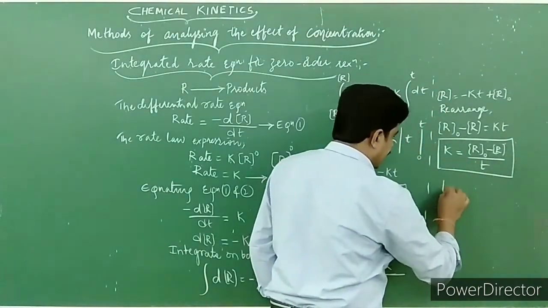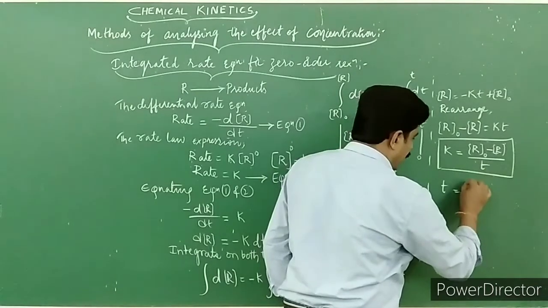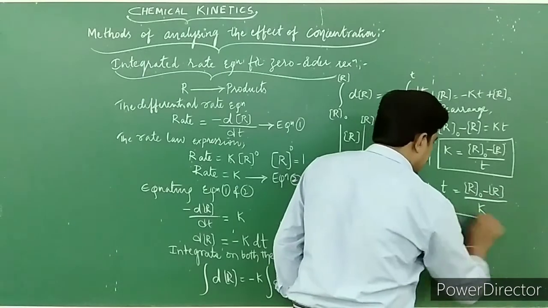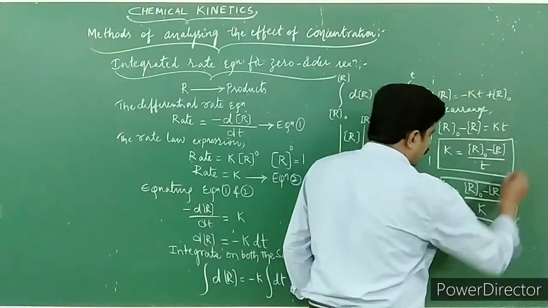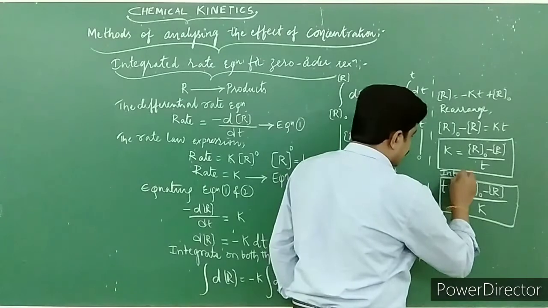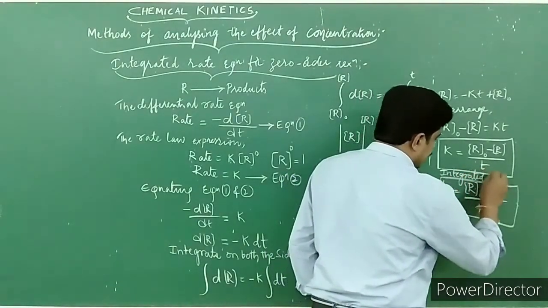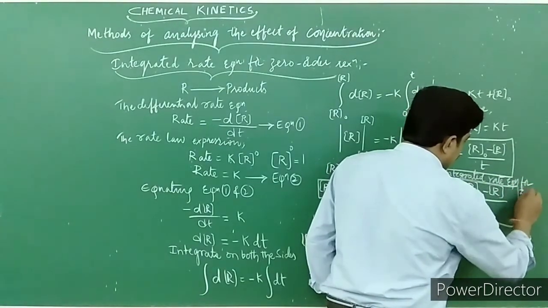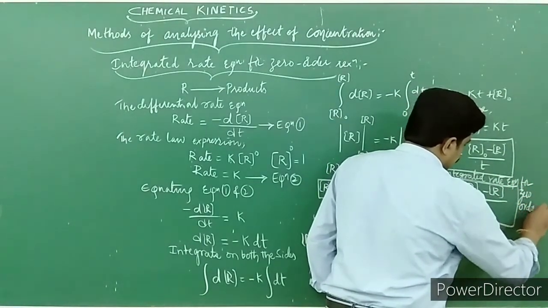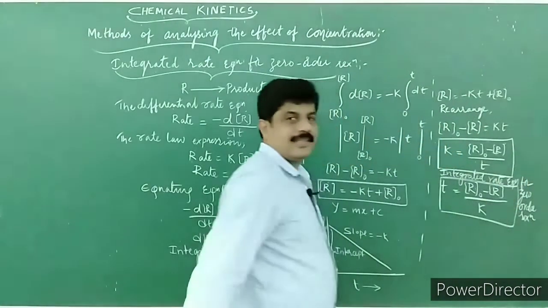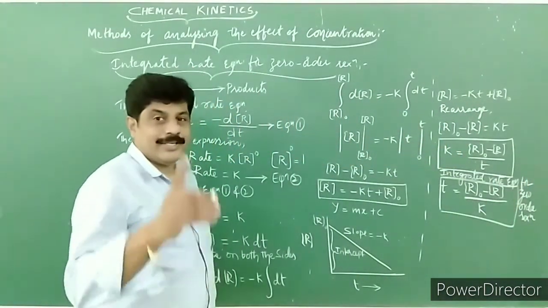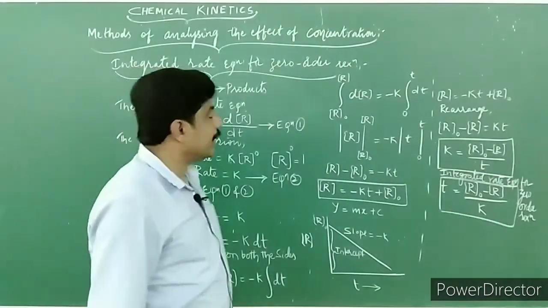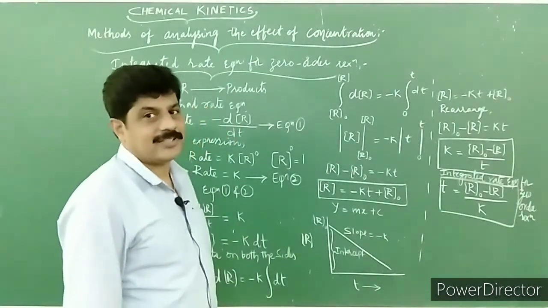Children, you can also write t is equal to R naught minus R upon k. So children, this is the integrated rate equation for zero order reaction. So this is how you need to derive an expression for the integrated rate equation of zero order reaction.